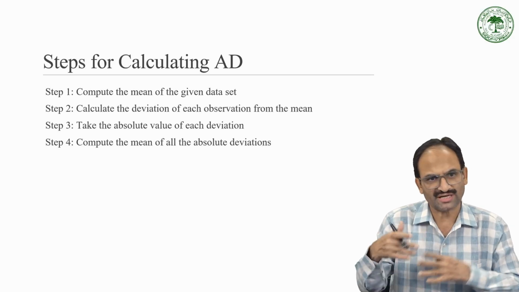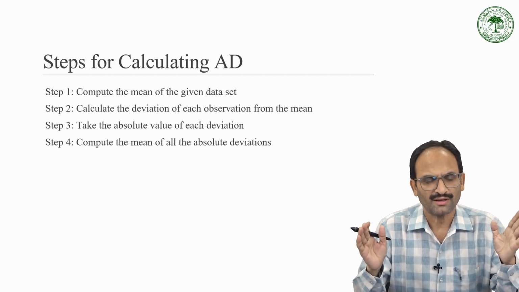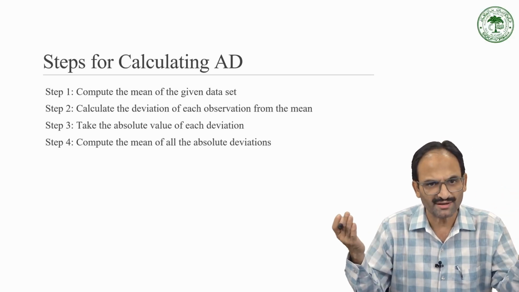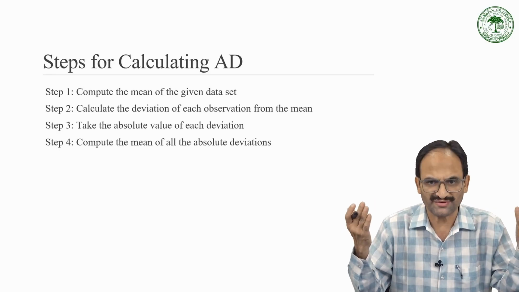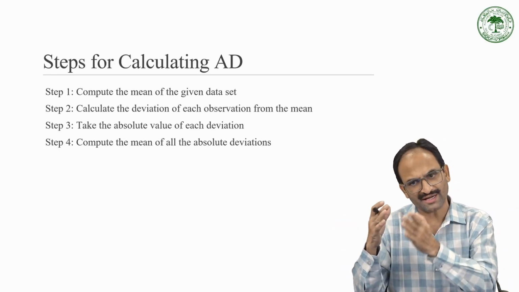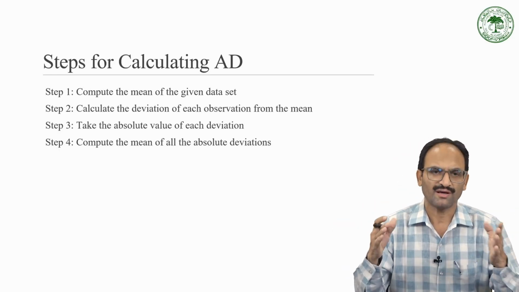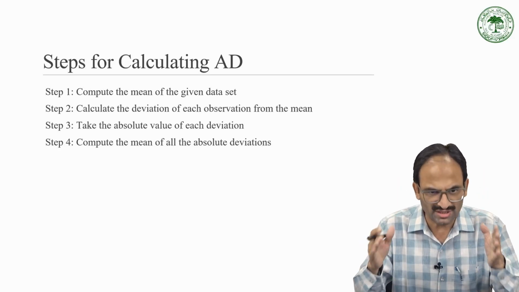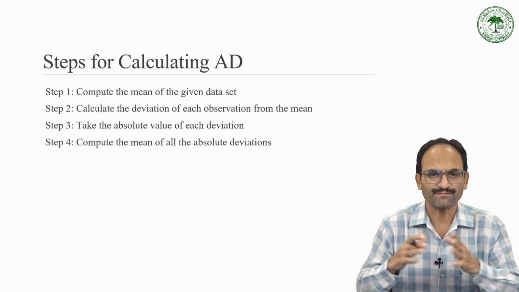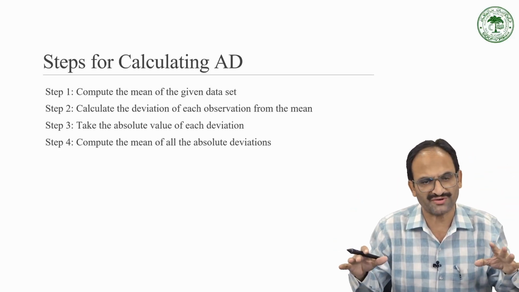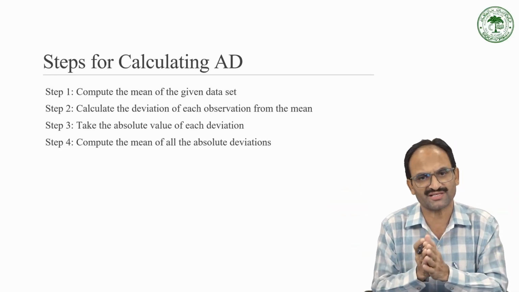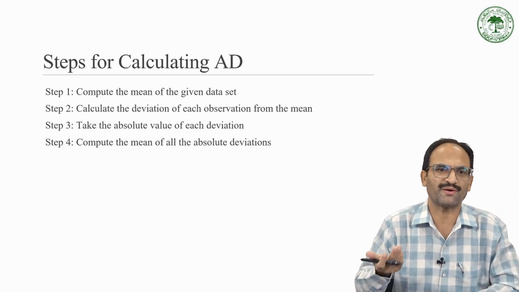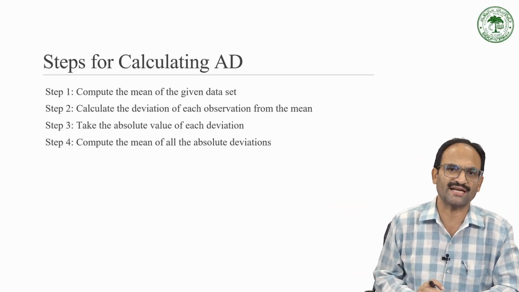What are the steps? Very simple. First compute the mean, then the deviation of each observation from the mean by subtracting the mean from that observation. Take the absolute value, the modulus value, and then take the mean of all those differences, by summing all the differences and dividing by the total number of observations in the data set.